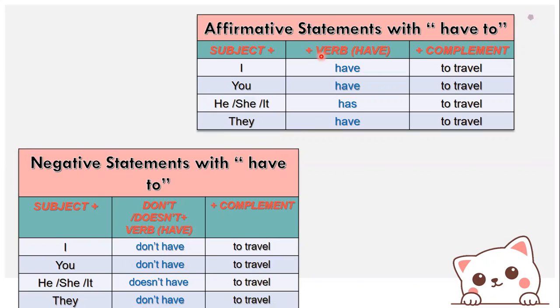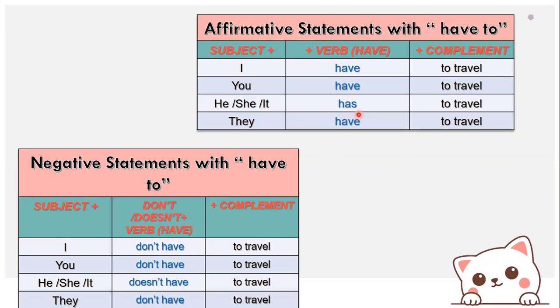We have subject plus verb plus complement. And what is the particular thing here that we have in this color, these verbs? Porque es el verbo have, que es the one that we're talking about, el cual nosotros estamos hablando. Entonces, tenemos el sujeto más el verbo have. Why has this changed? ¿Por qué esto ha cambiado?